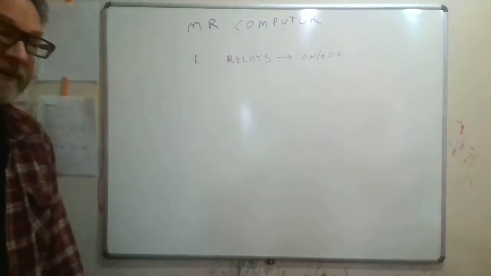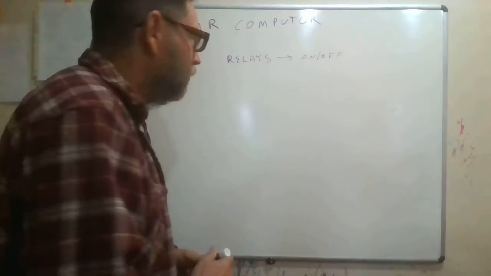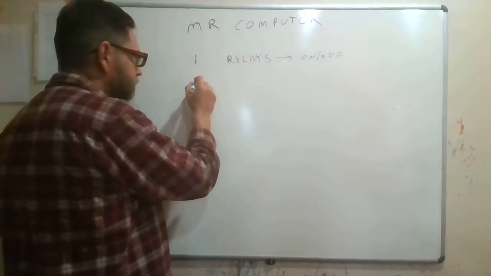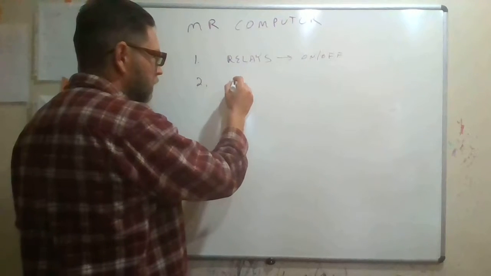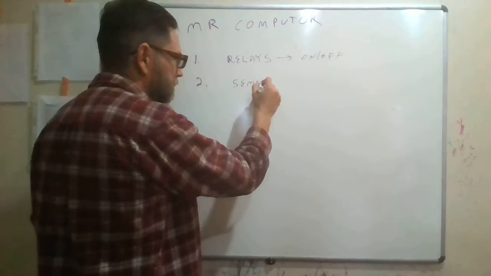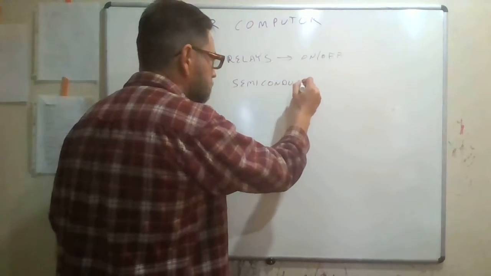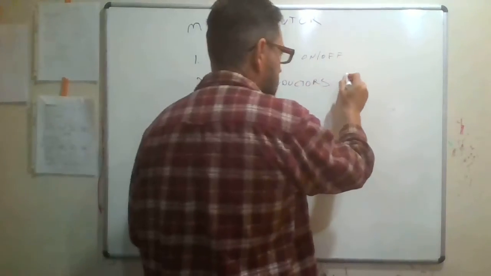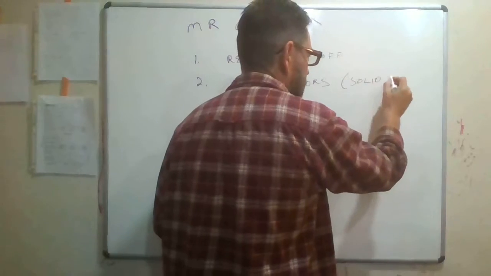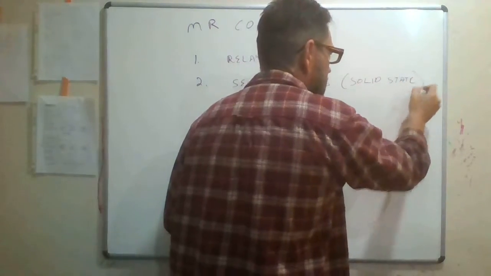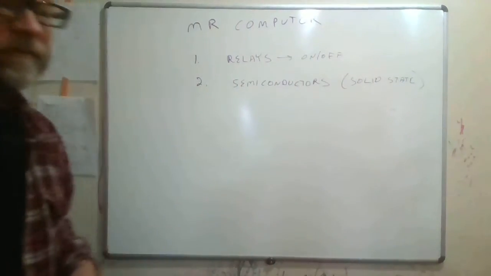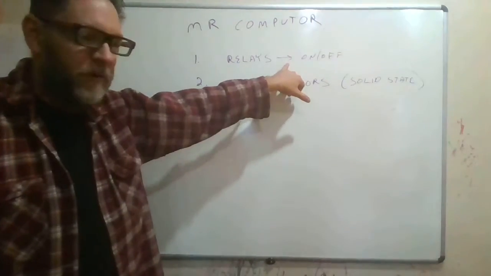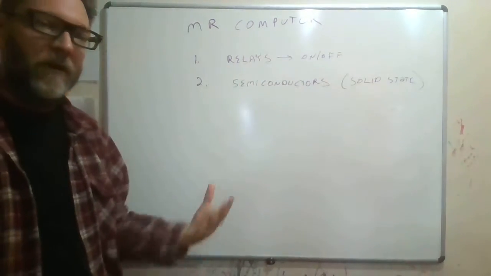It's actual bugs. They went from here to semiconductors. Semiconductors, they used to be called solid state, because it was a huge improvement. Here, you're at the mercy of the insects, the dust in the air, everything.